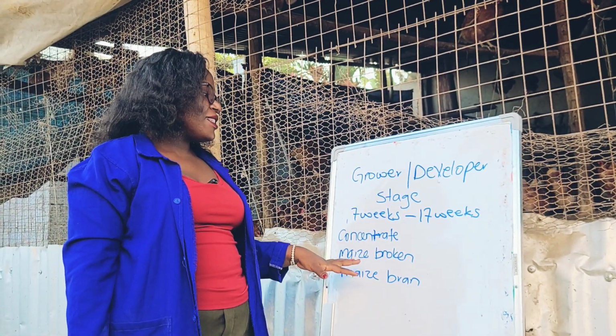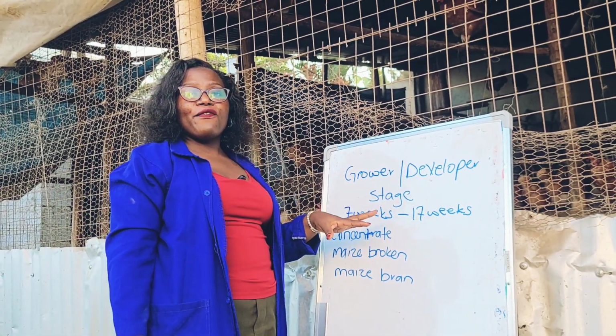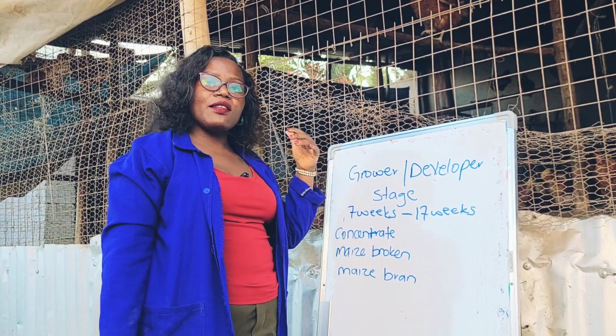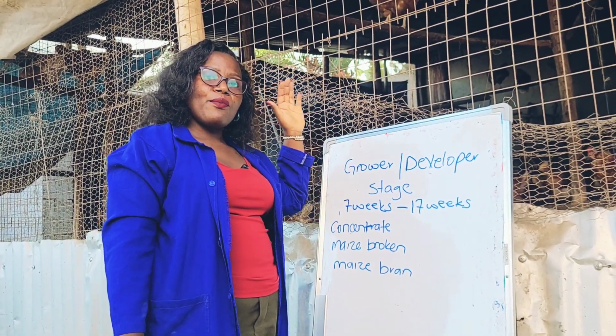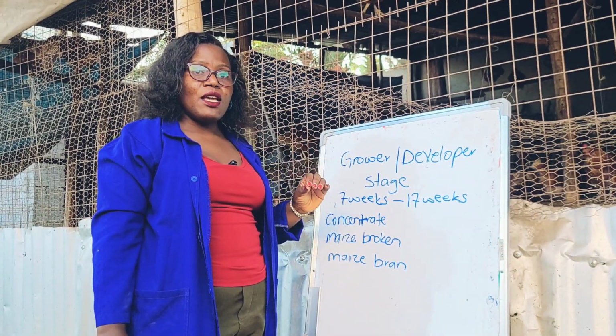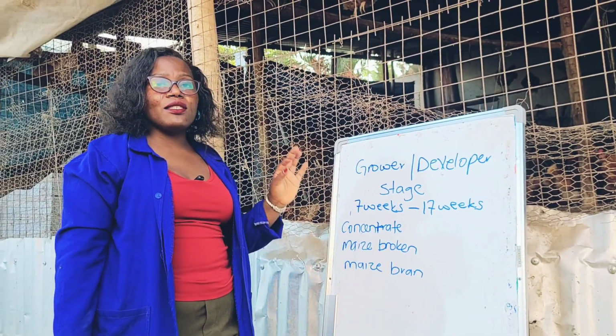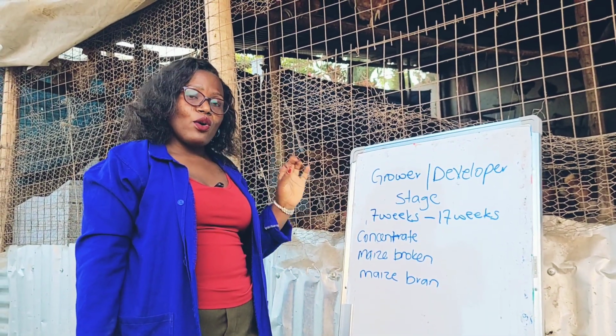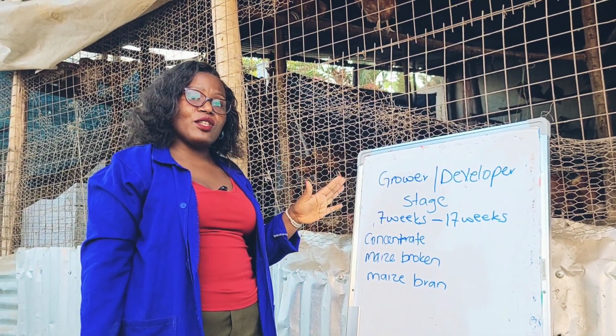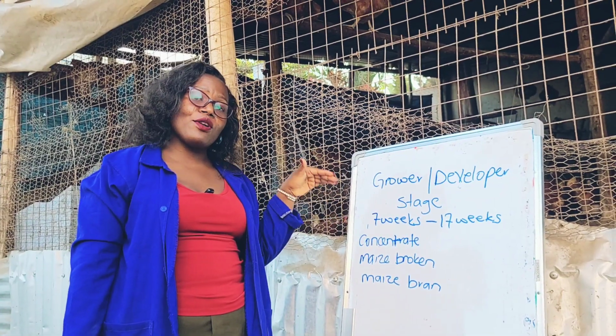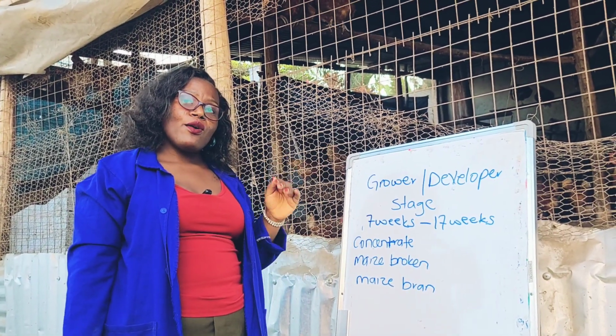And at this stage, when we say the layer feeds, what differentiates it from the broiler feeds is the concentrate. So at this stage, the concentrate is supposed to be the layer concentrate. When you're buying that concentrate, it is supposed to be labeled as the layer concentrate.